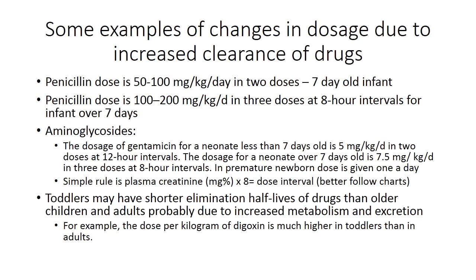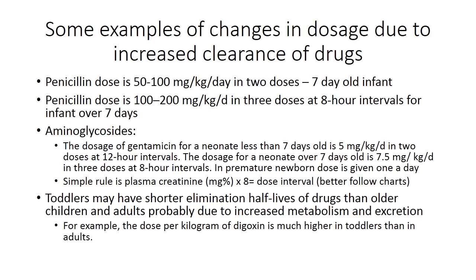Now, some examples of changes in the doses due to increased clearance of drugs. Penicillin dose is given in 2 divided doses in a 7-day-old infant. However, a higher penicillin dose in 3 divided doses may be required in infants over 7 days.